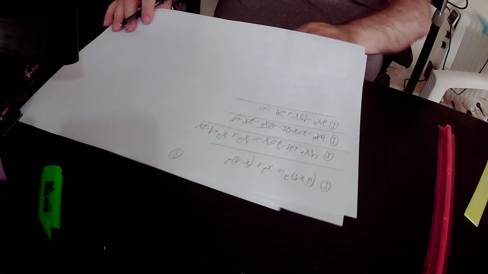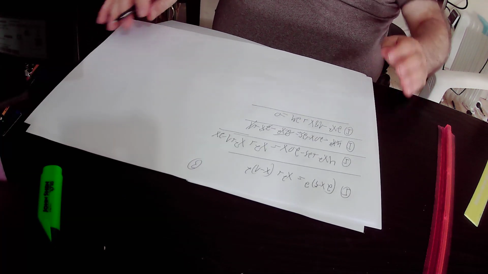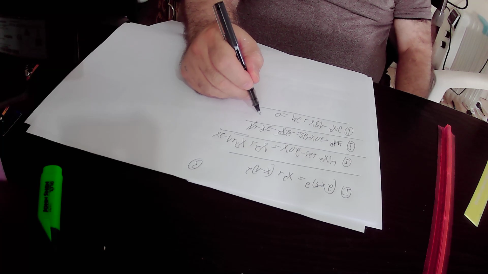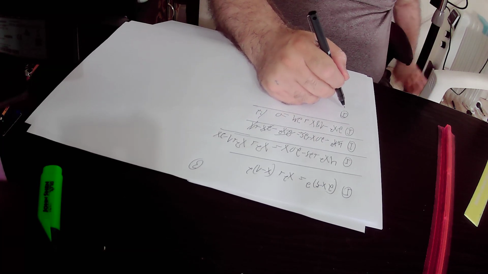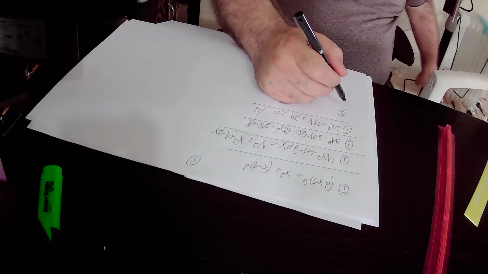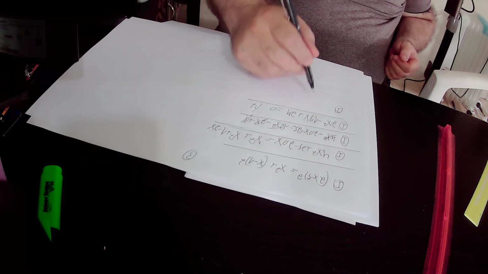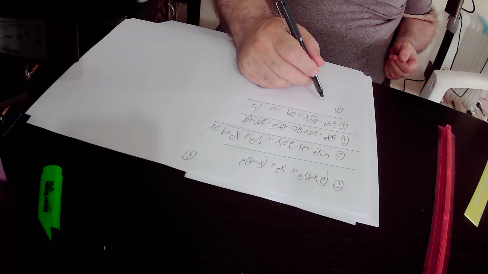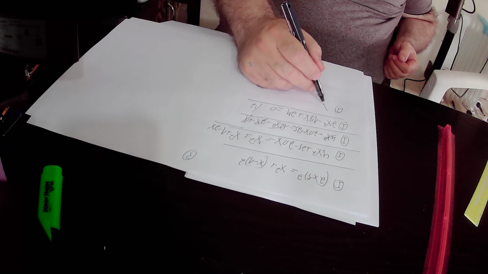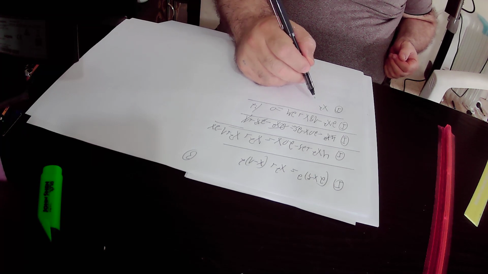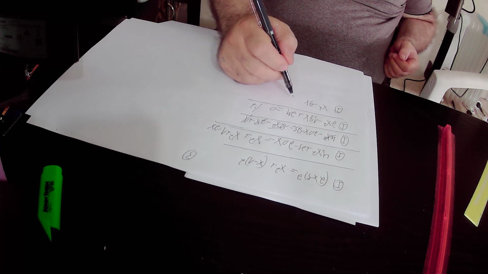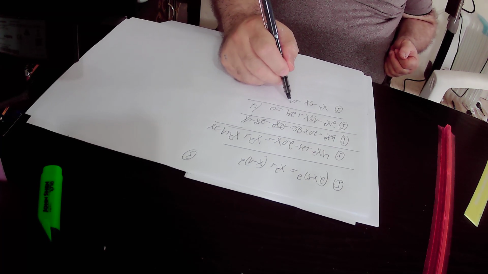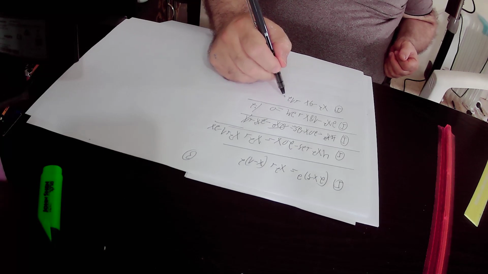So here we will divide equation number 1 by 2. And we get that according to equation number 1, 2x squared over 2 is x squared, minus 18x over 2 is minus 9x, plus 24 over 2 is plus 12, and 0 over 2 is 0.